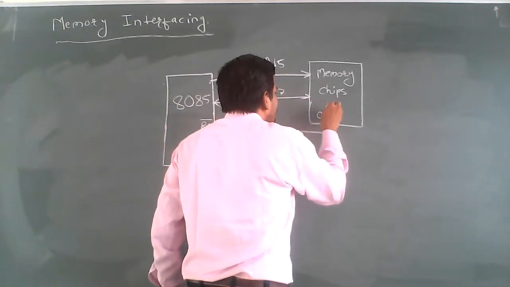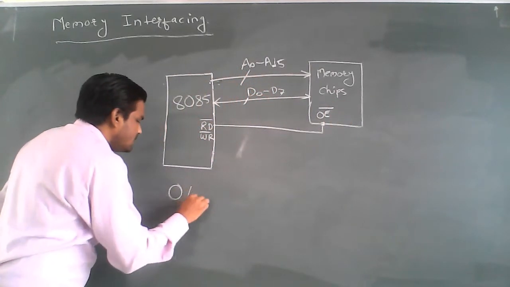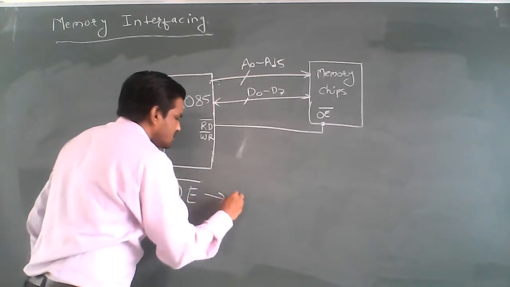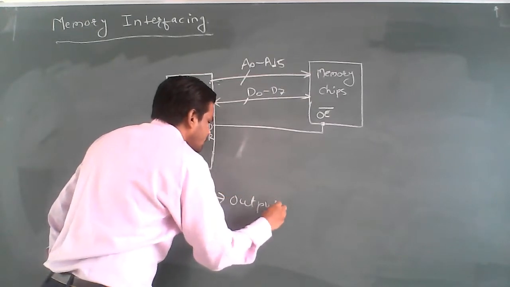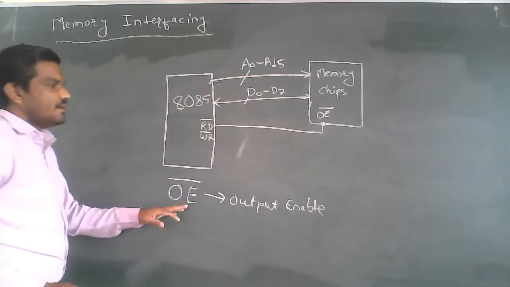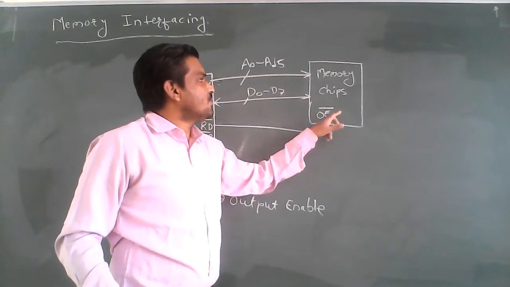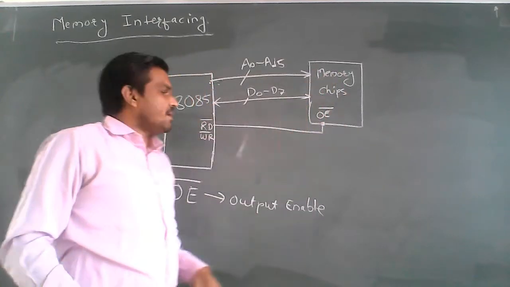I am writing here OE bar, output enable pin. So RD bar is connected to the output enable pin at your memory chip.